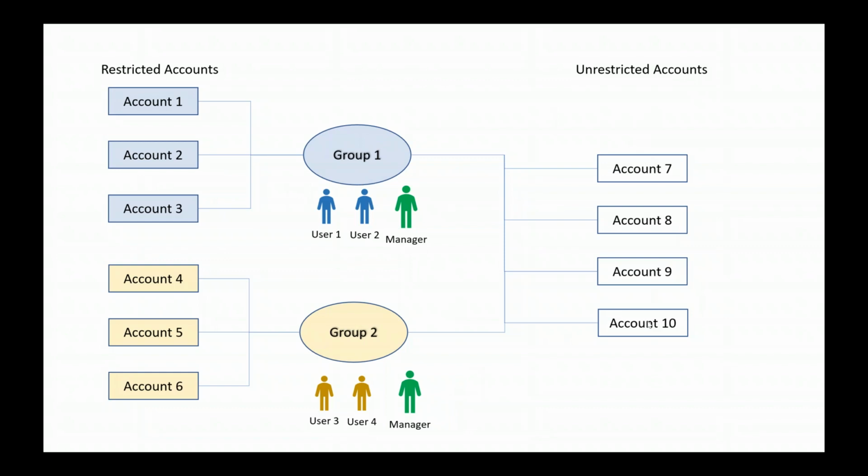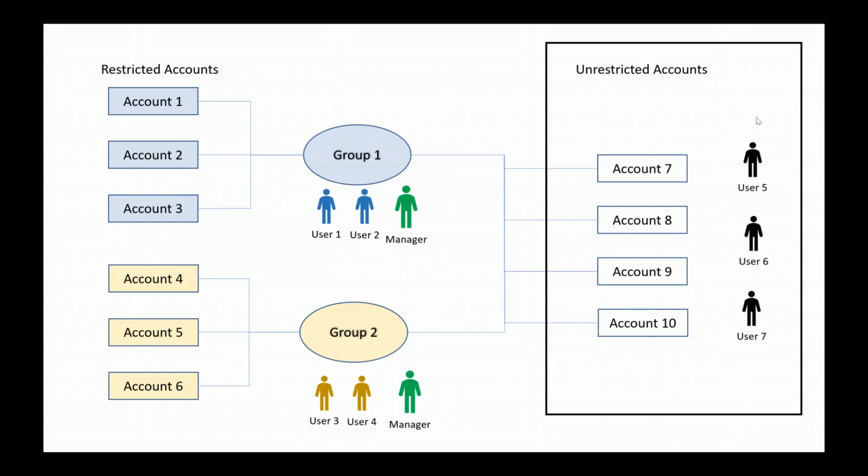And if I look at all the other users, so I've got a lot of accountants, they can only see unrestricted accounts. So essentially, if you're in a group and you assign accounts to that group, you can see those accounts and nobody else can. And you can have as many groups as you need to.